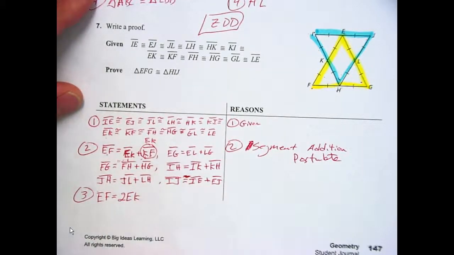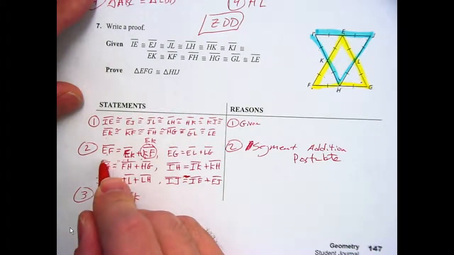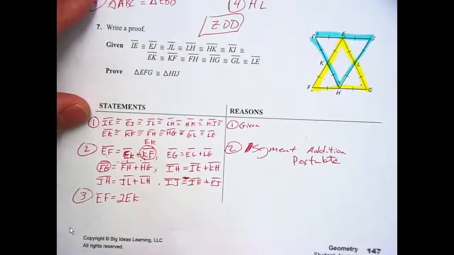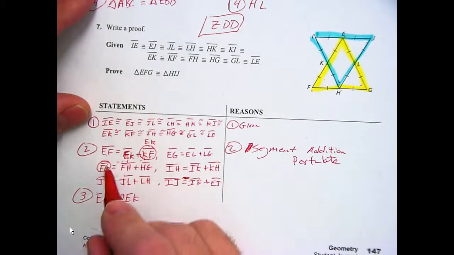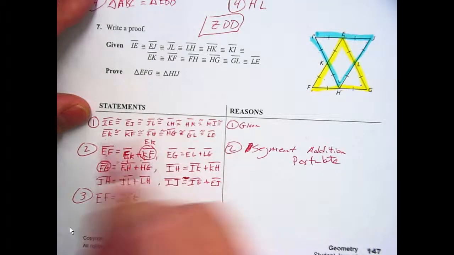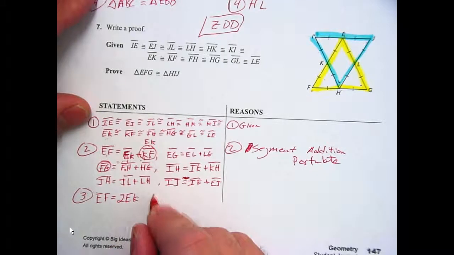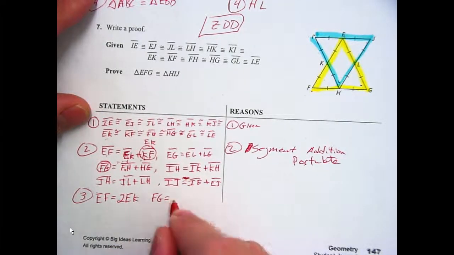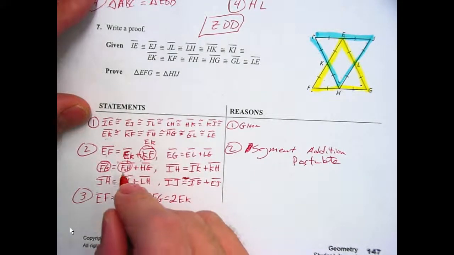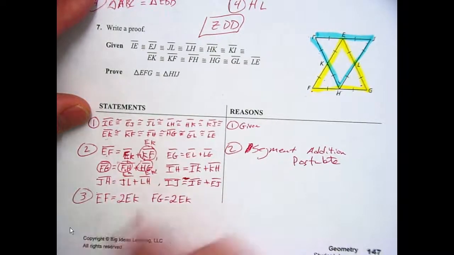And I could do the same thing here with FG. I could say FG is also equal to FH and HG. Well, FH and HG is also equal to EK. Right? So I could say FG is equal to 2 EK. How? Because I know that that's equal to EK, and I know that that is equal to EK. I could keep going through that.